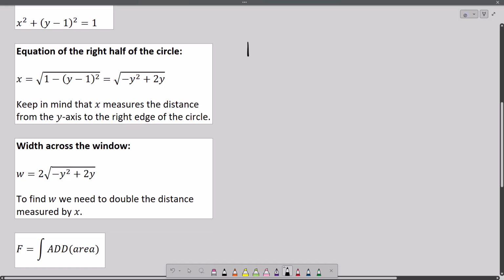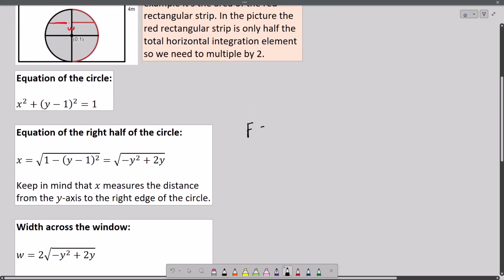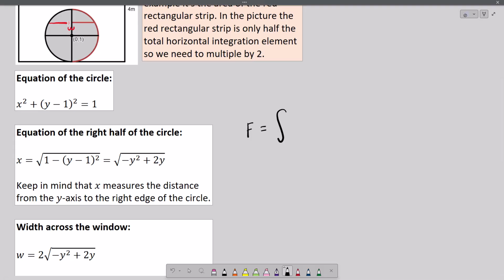So then our force is going to be ADD area. So we're going to have the integral. We're looking at all these horizontal strips throughout this window here. So we're going to go from what to what in terms of our limits of integration? So 0 to 2.